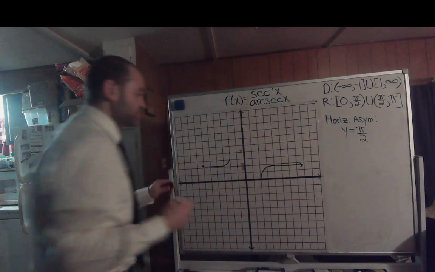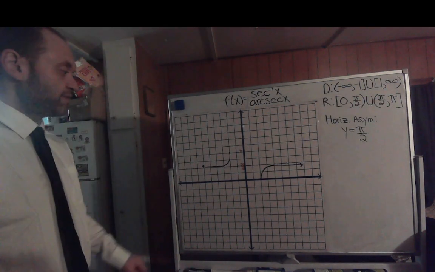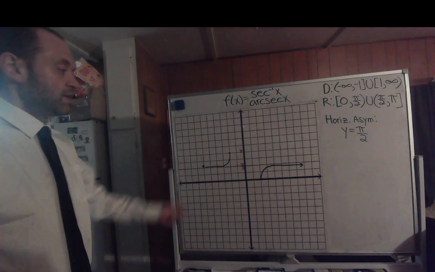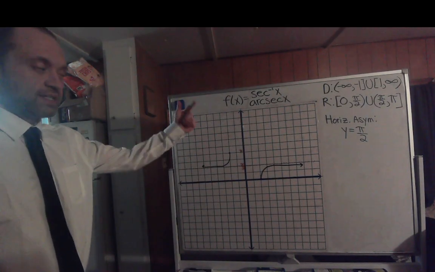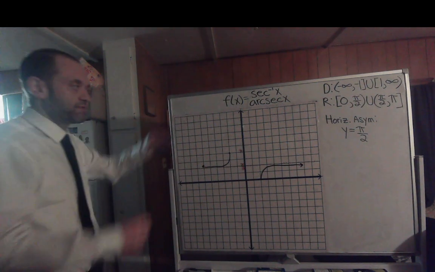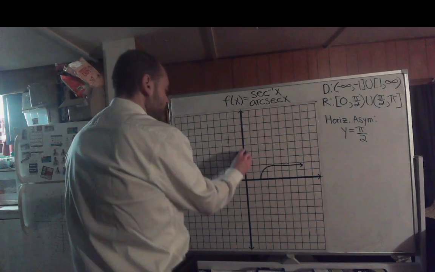That would be my horizontal asymptote. So yes, you have a very similar graph to the secant function, only it's flipped. Alright, so that just leaves the inverse tangent and inverse cotangent functions, which we'll talk about.